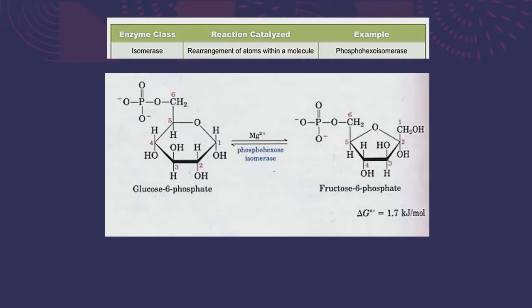Glucose 6-phosphate can be rearranged into a molecule called fructose 6-phosphate. Likewise, since it is a reversible process, fructose 6-phosphate can be rearranged into glucose 6-phosphate by the use of the enzyme called phosphohexoisomerase, a type of isomerase enzyme.